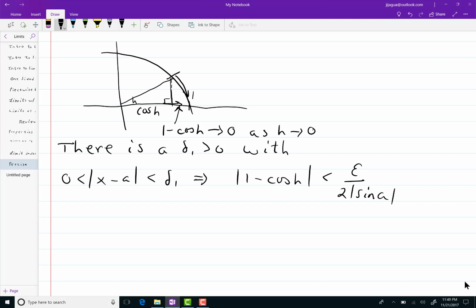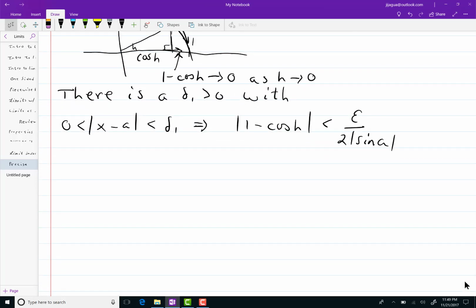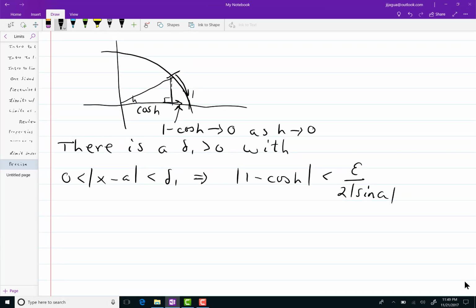On the other hand, we know that sine of h, in the same picture we had here, this piece here was theta in the original part. Here it's h. It matches the angle in here.